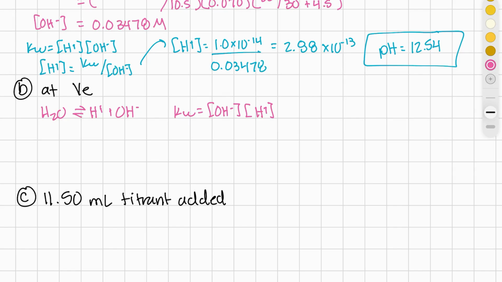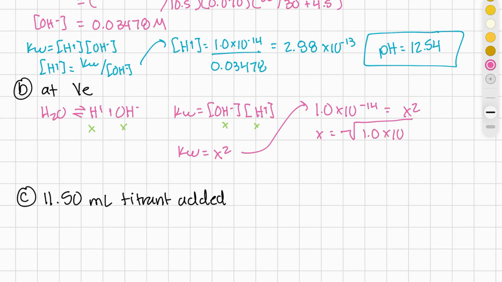And at this point, if we label these X and X, we'll see that Kw equals X squared, and we know Kw is 1.0 times 10 to the negative 14 equals X squared. So I'm going to take the square root of that, which is 1.0 times 10 to the negative 7, and this is H plus. So we plug this into the negative log.